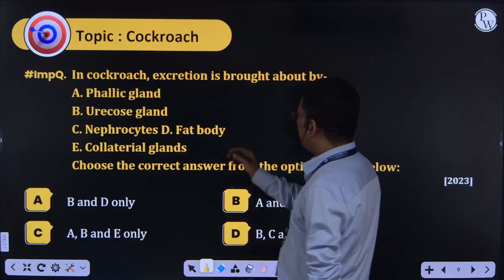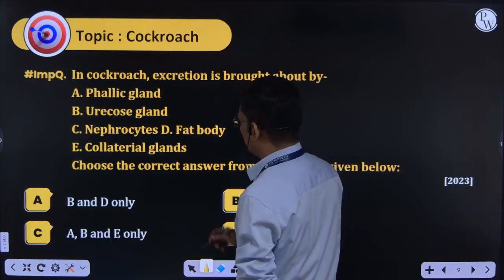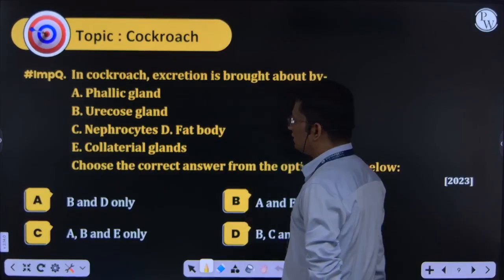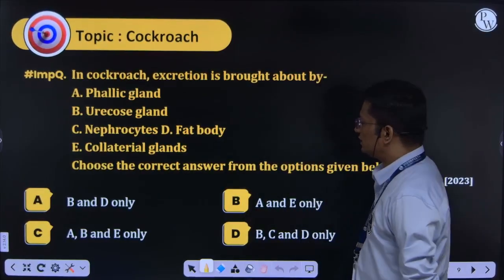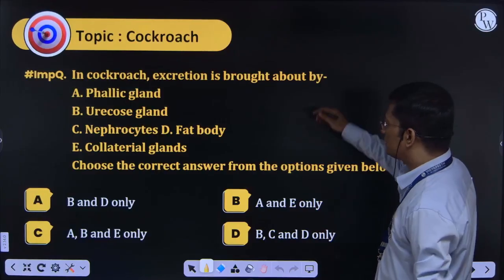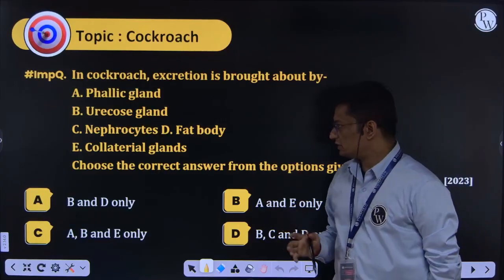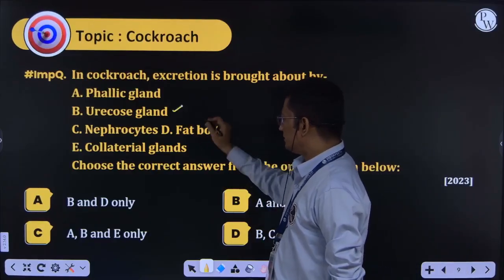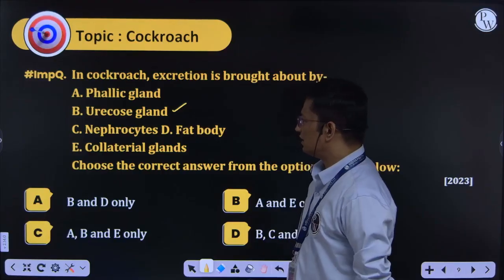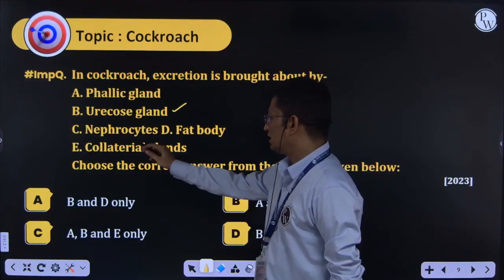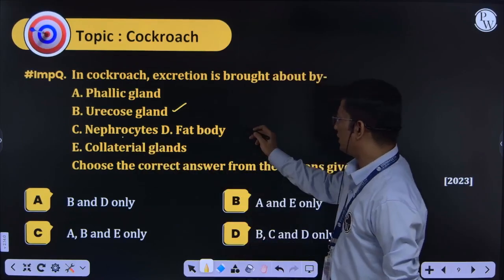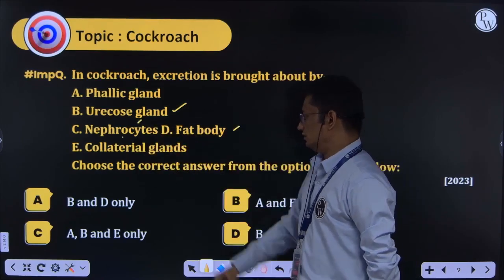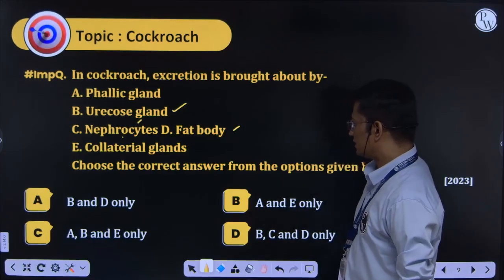In cockroach, excretion is brought about by phallic gland, uricose gland, nephrocytes, fat bodies, collateral gland. The main excretory organ in cockroach is the Malpighian tubule. In addition to that, there are additional structures. For example, the uricose gland is required for the excretion purpose, nephrocytes, fat bodies. So these all are required for the excretion process.